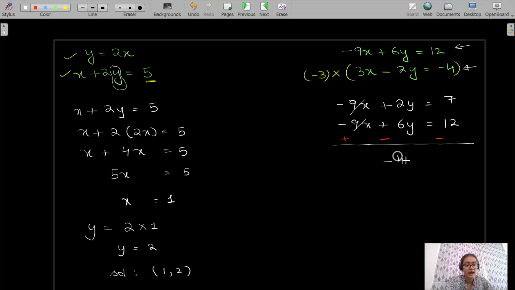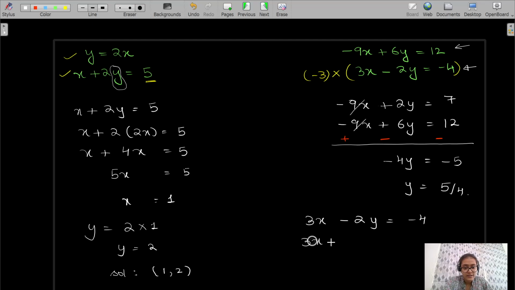Now this and this get cancelled, so we have eliminated the x variable, and 2y minus 6y is negative 4y, and 7 minus 12 is negative 5. So y is equal to 5 over 4. And in order to find x, we can substitute y in either of the two equations. I think the second equation looks simpler. So 3x minus 2y equals negative 4.